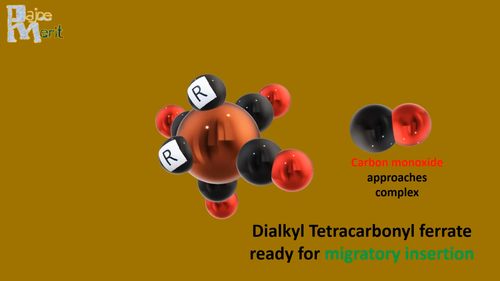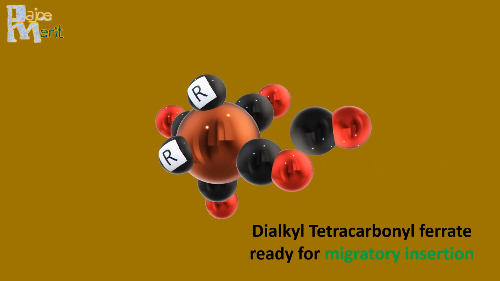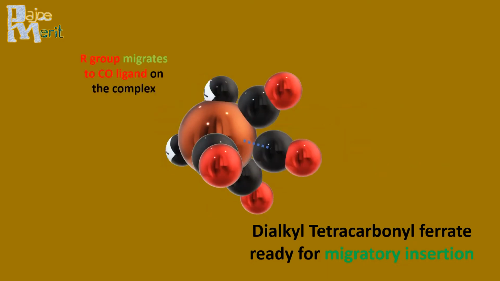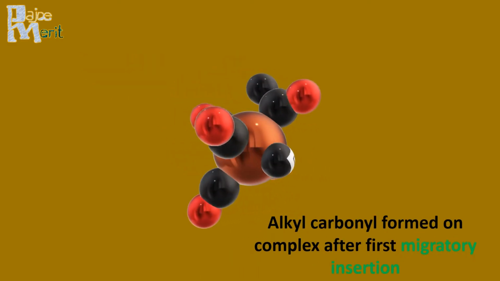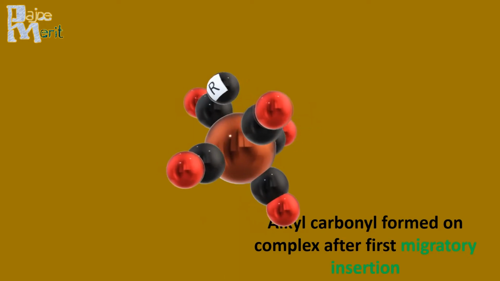This results in the formation of a particular carbonyl right there, and that results in the formation of our first intermediate product, which is what is formed in this second step.